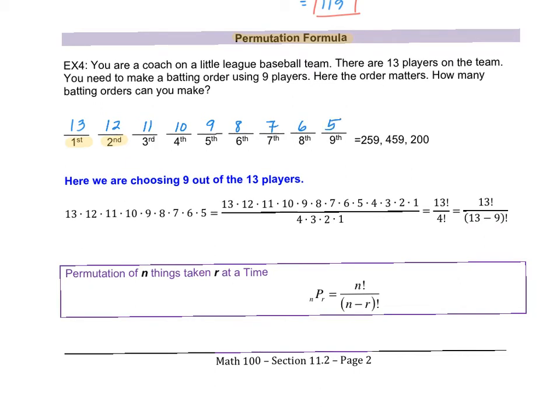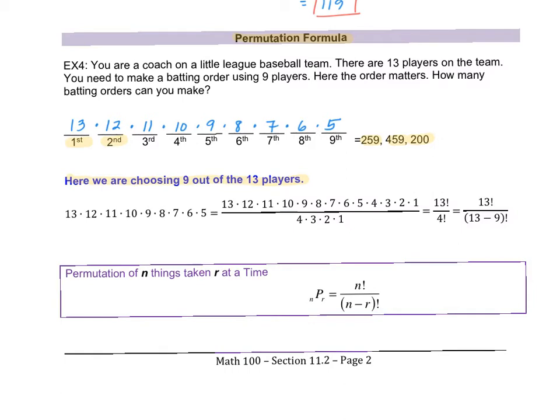I'm not going all the way to 4, 3, 2, 1 because I'm only choosing 9 out of 13. And when I multiply this all out in my calculator, I get 259,459,200 ways that I could make my batting order. And here we're only choosing 9 out of our 13 players.